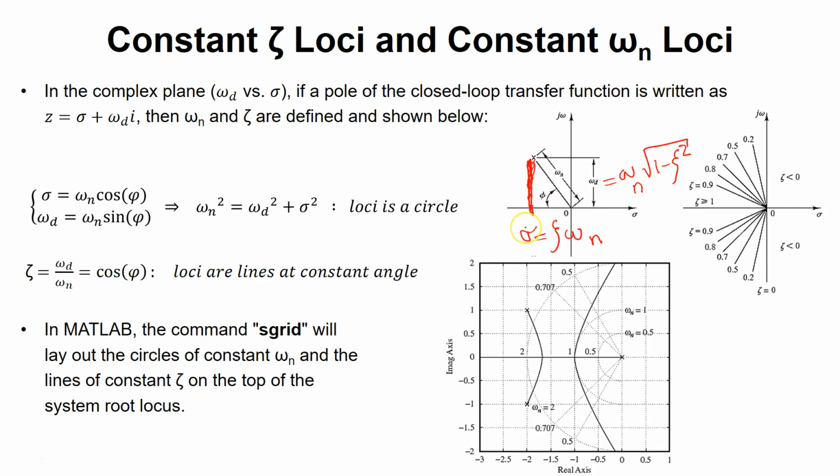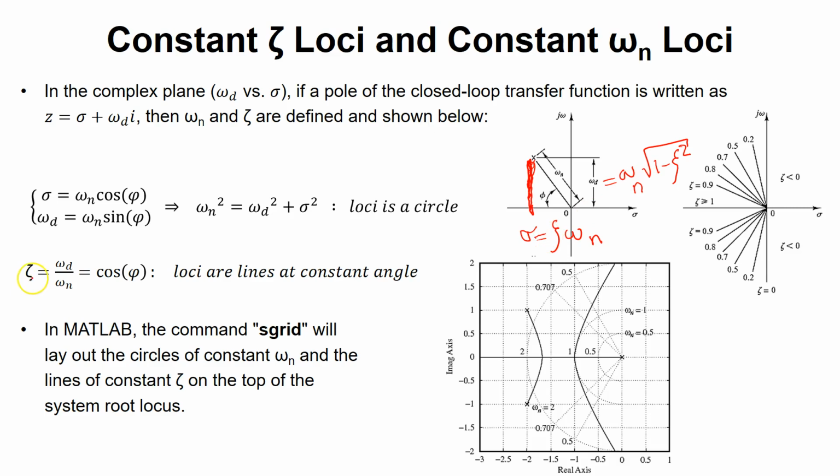And what is zeta? How can I find zeta? Well, if I look at the cosine of this angle phi, what is cosine of phi? So I'm showing them here for you. That sigma is this, omega n is that, and omega n is just the magnitude of the distance, and sigma is what?